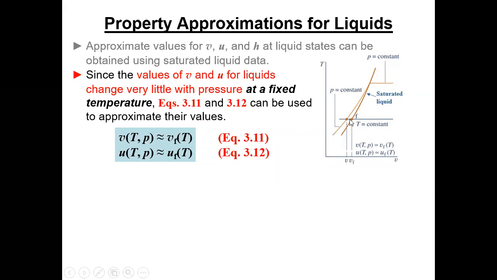Okay, but this pressure is higher because this pressure doesn't hit the saturated liquid line until up here, and that's obviously at a higher temperature. Okay, so if I take this temperature on this line down here and go out to this pressure, then that's compressed liquid or subcooled liquid, whatever you want to call it.